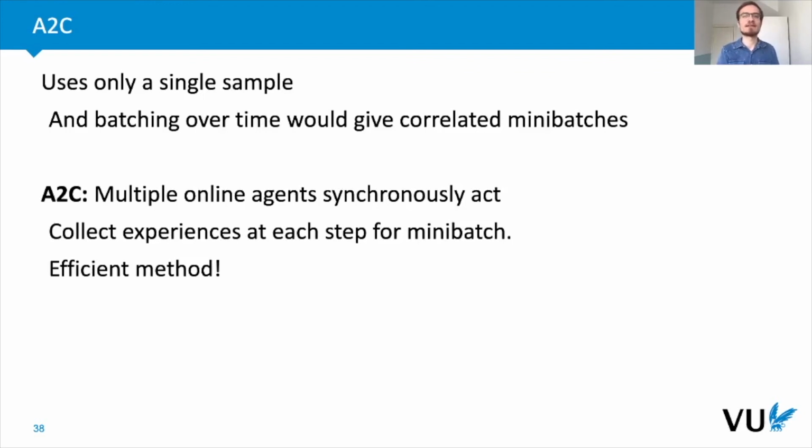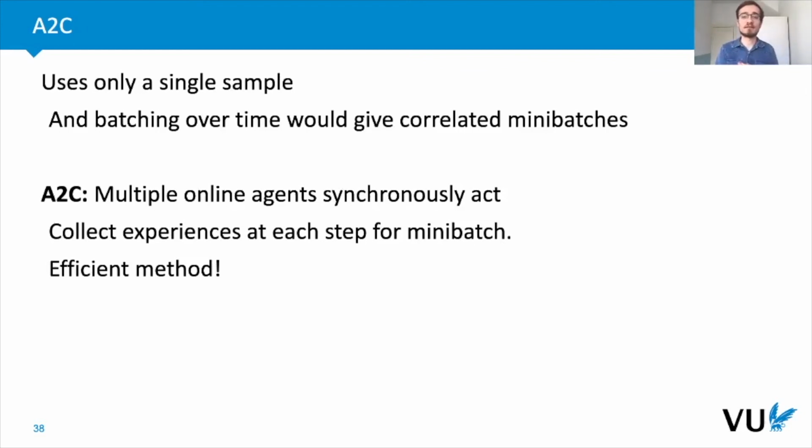There are many methods that try to reduce this. One of these is a very famous algorithm, A2C, which is asynchronous advantage actor-critic. Wait, no, that's actually the asynchronous one. Sorry, that's A3C. A2C is the synchronous advantage actor-critic algorithm. What this does is that we have multiple agents that act in different copies of the same environment, and we just collect their experience together and update based on that.